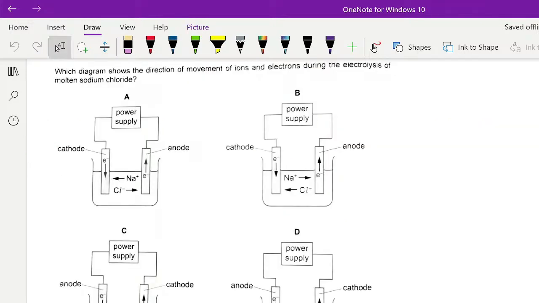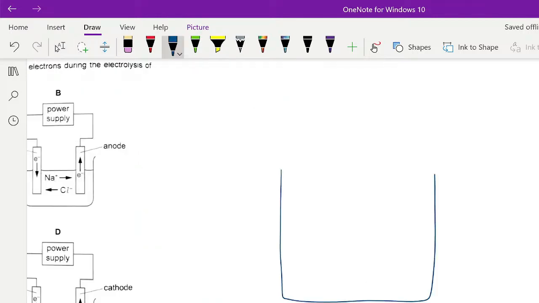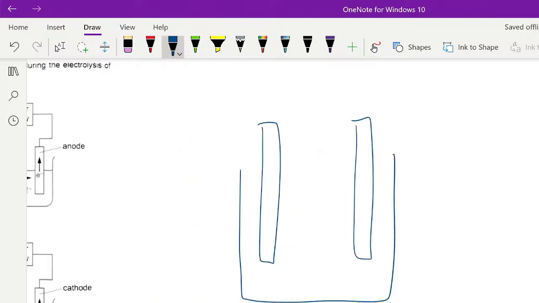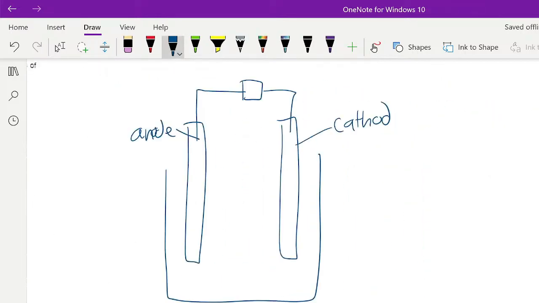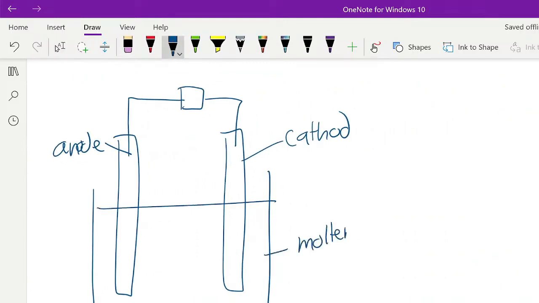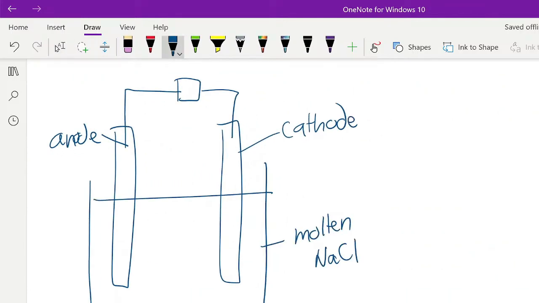Which diagram shows the direction of movement of ions and electrons during electrolysis of molten sodium chloride? Now, cathode means electrode that attracts cation, and cation is, in this case, sodium is our cation.